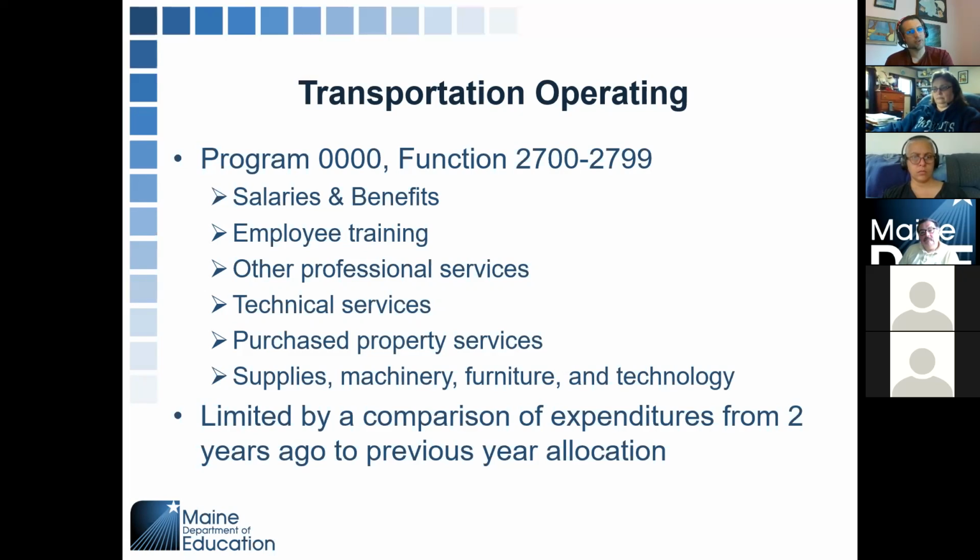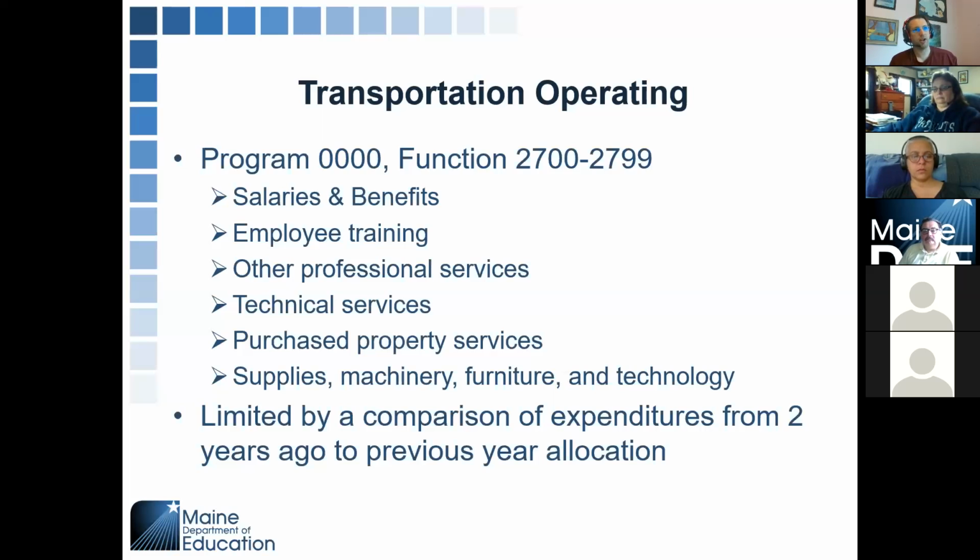One thing to note, again, just like gifted and talented, there are some limits on how this is being done. We do a comparison of the previous year's allocation. So if we're thinking about how we're going to be spending money in fiscal year 21, this is going to affect what you're getting in fiscal year 23.